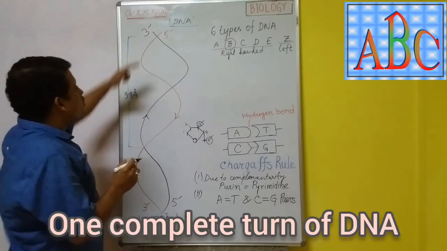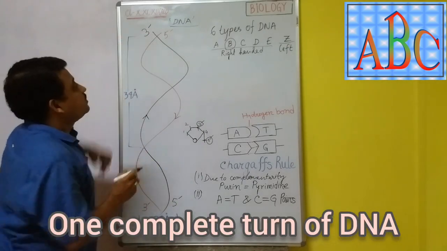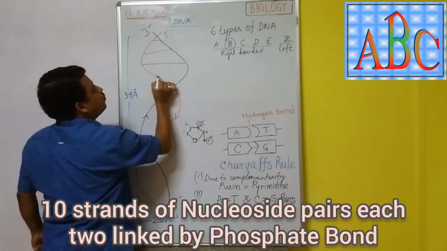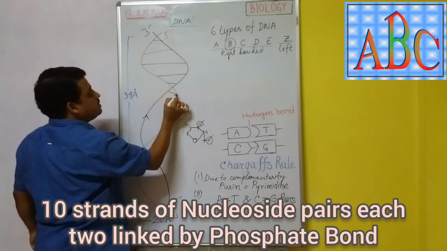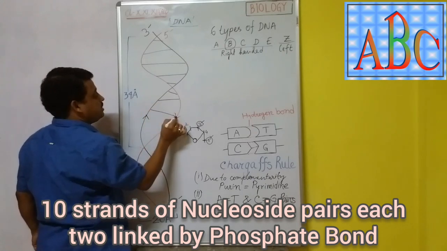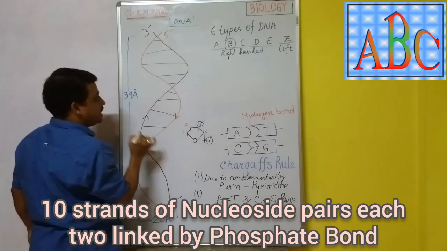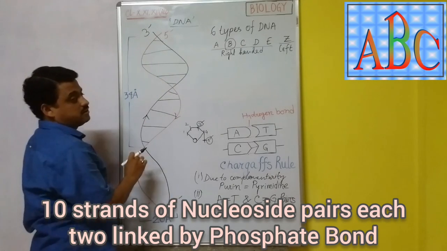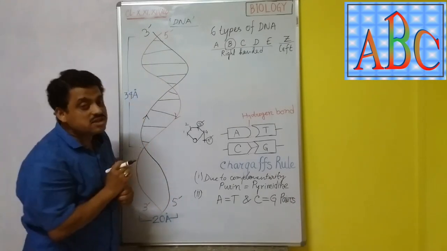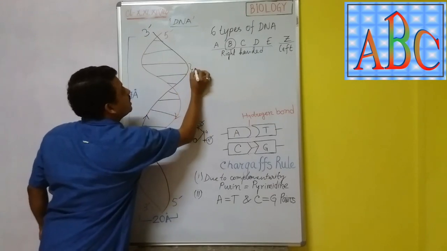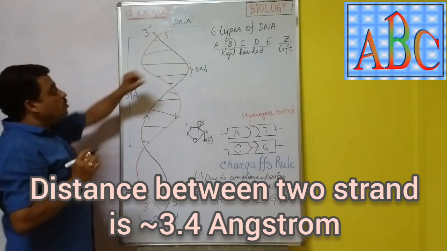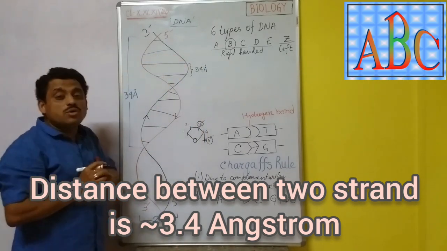Now in one total helix there are 1, 2, 3, 4 and 5, again 6, 7, 8, 9 and 10. That means in one helix we can see 10 strands. These 10 strands are situated at equal distance, giving 3.4 angstrom as the minimum gap between two strands.